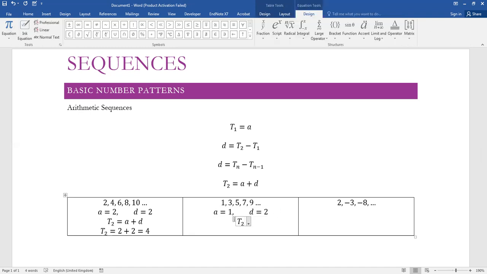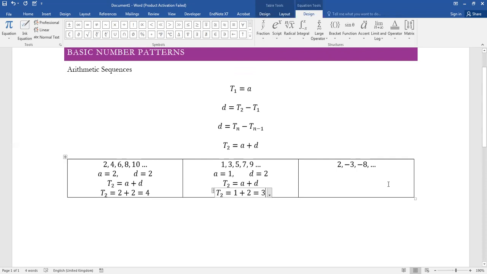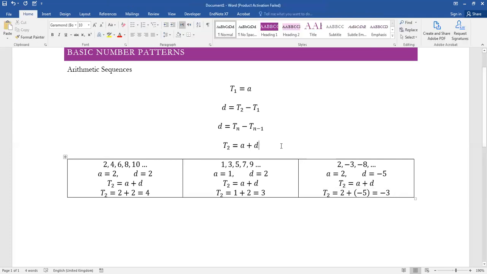So the second term is a plus d, which is 1 plus 2, and hence 3. Here a is 2 and d is -5. So the second term is a plus d, which is 2 plus -5, which is -3. So that is how we can find the second term.